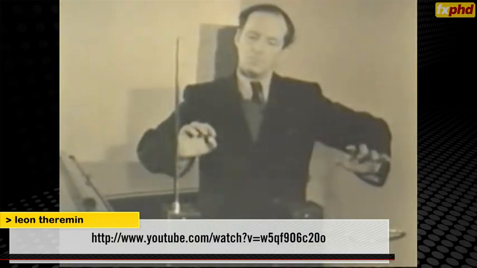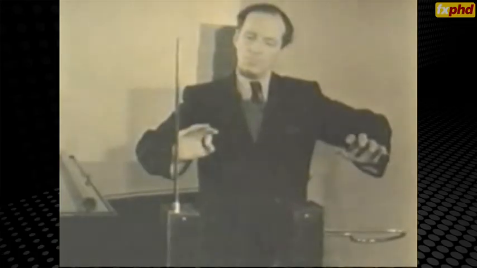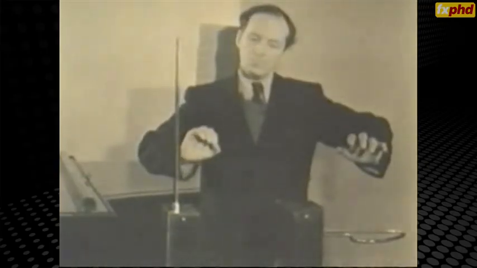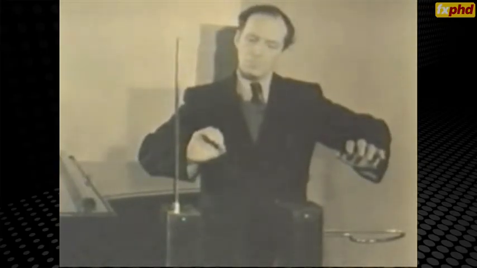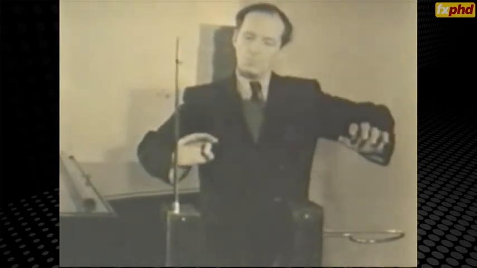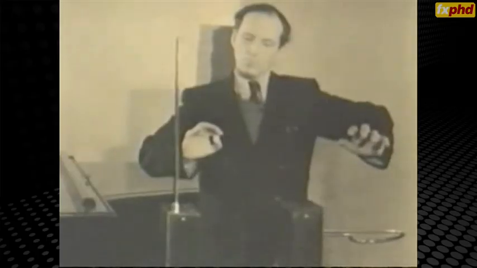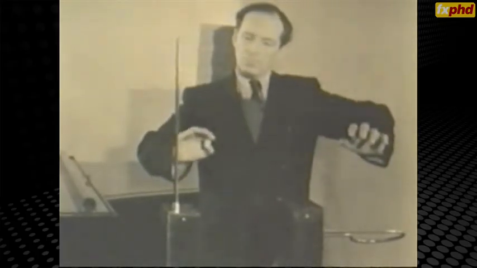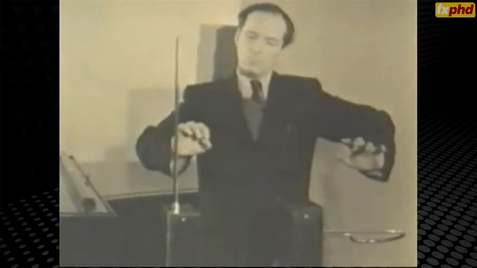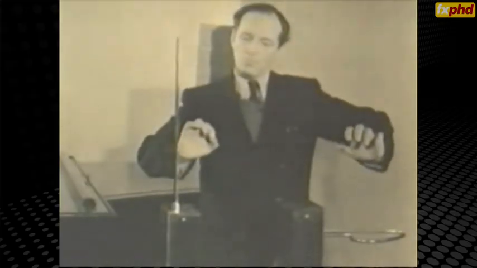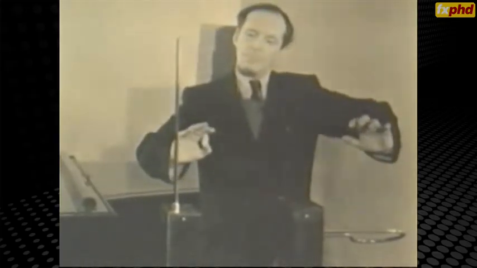And he invented this machine which translated the motion of your hand through electrical capacitance into a tone, into a frequency, and the motion of your other hand into control of volume. And the interesting thing about this, relevant to logarithmic human perception, is that both of those quantities are logarithmic. We hear the volume on a logarithmic scale, and we hear the frequency, pitch, on a logarithmic scale.